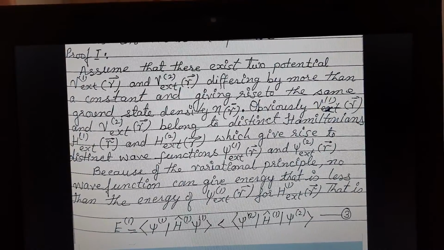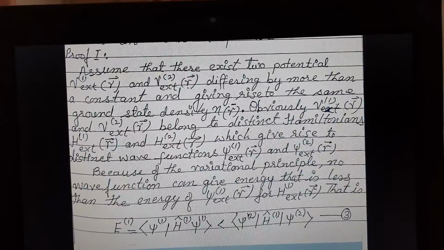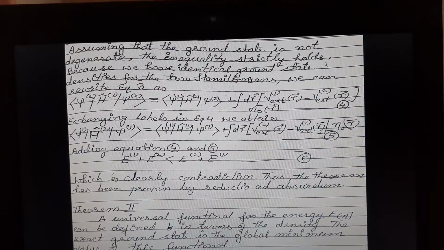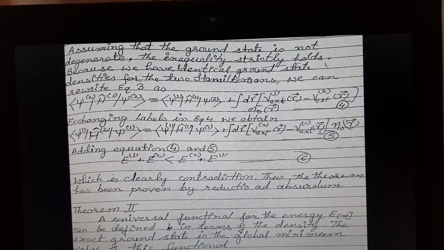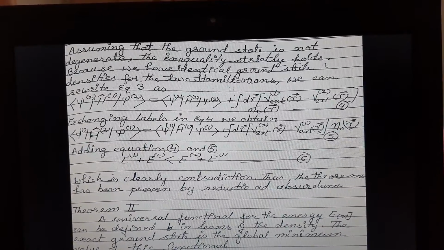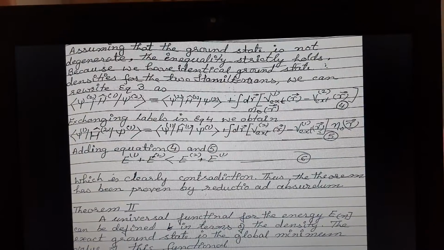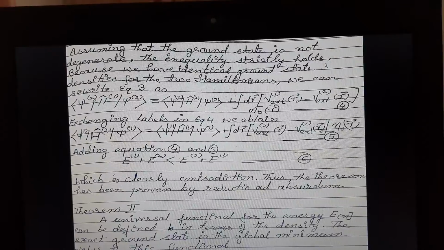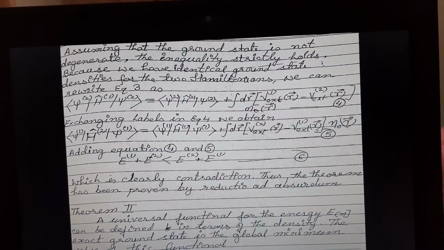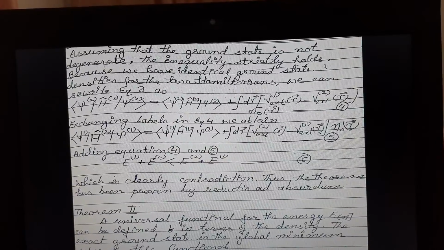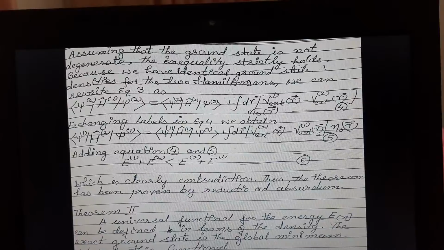Equation number 3. Assuming that the ground state is not degenerate, the inequality strictly holds because we have identical ground state density for the two Hamiltonians. We can rewrite equation 3 as equation number 4.